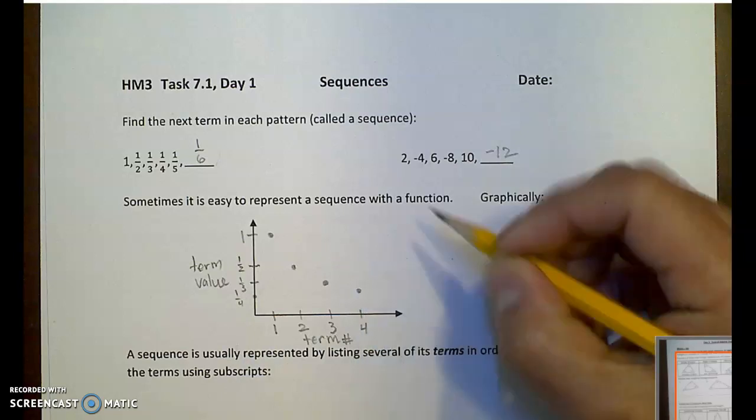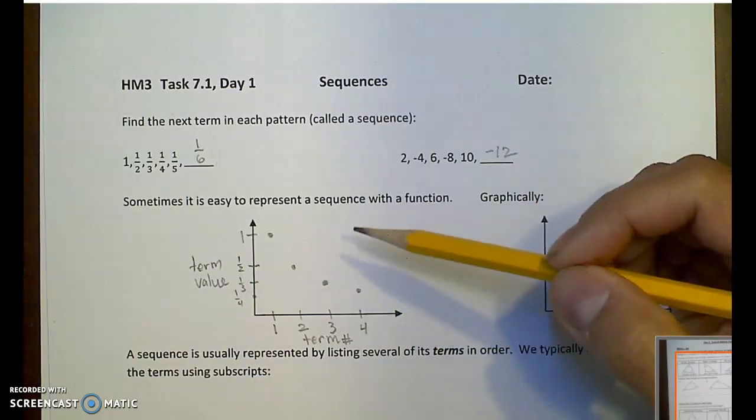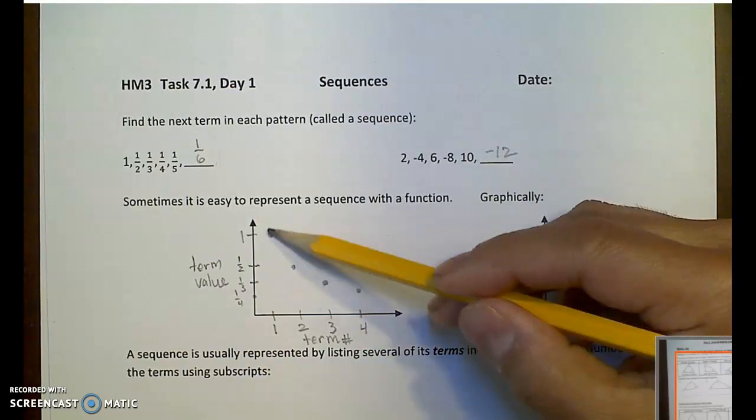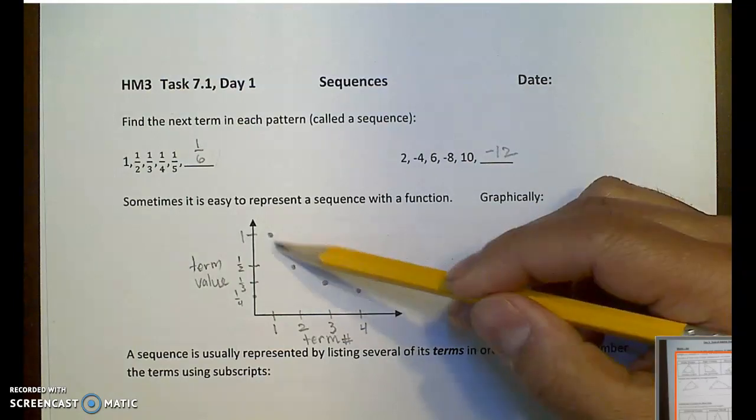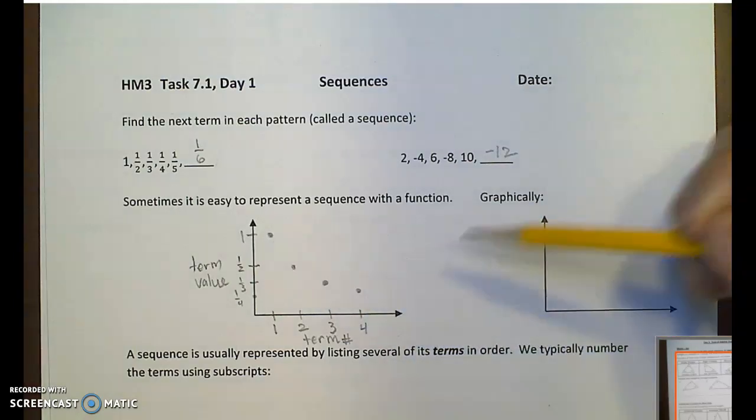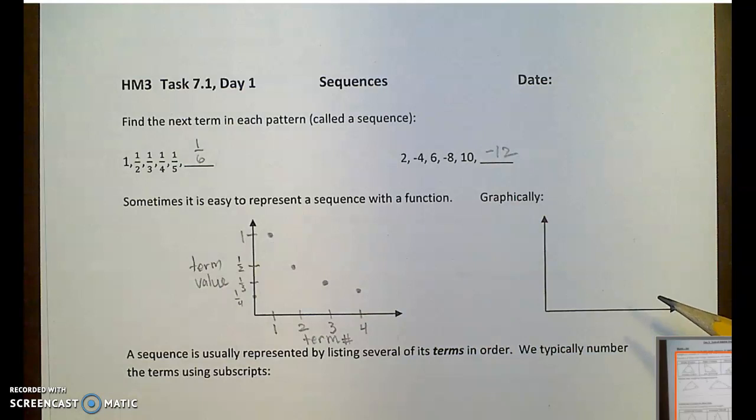Okay, so we see, again, for this particular sequence, here's our graph, curving as our term numbers go along. Move on to the next thing here.